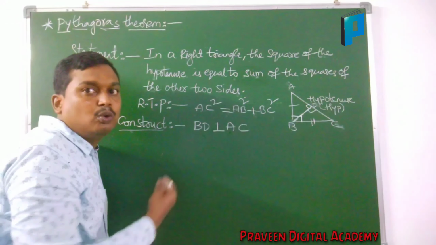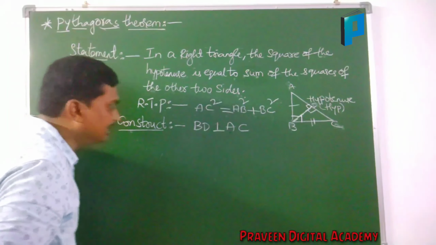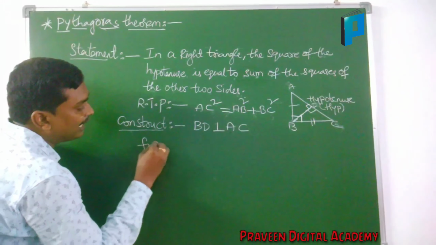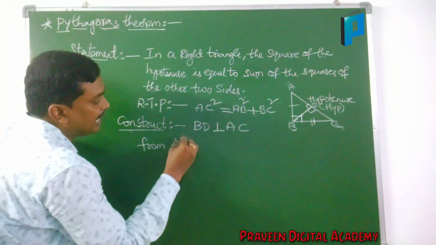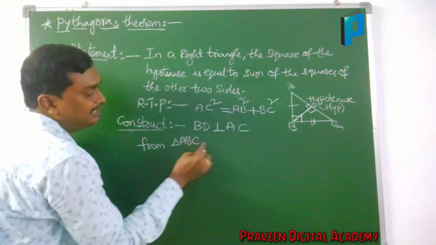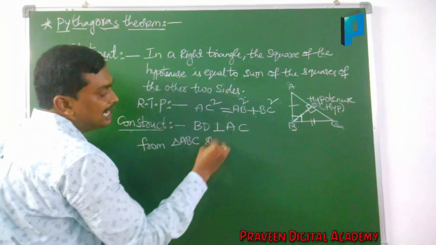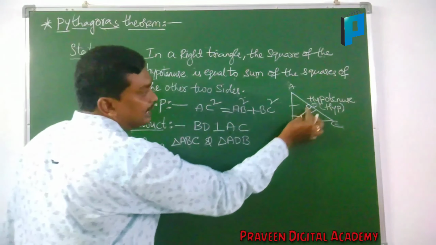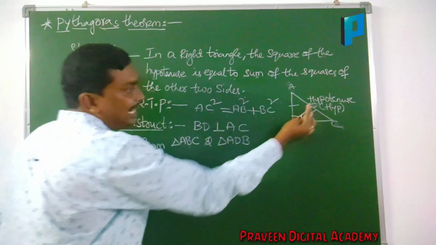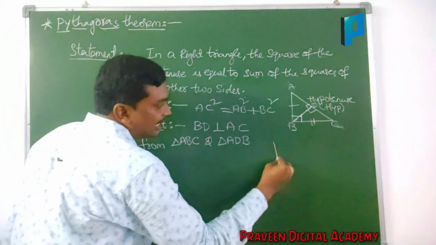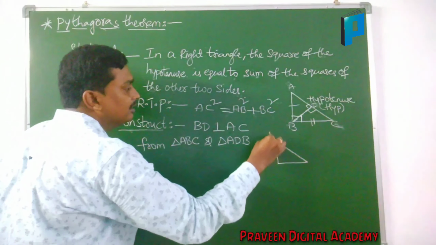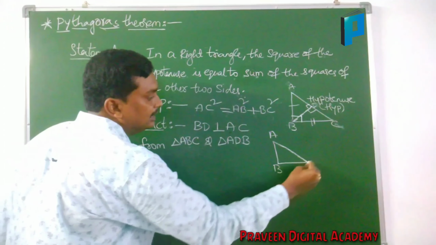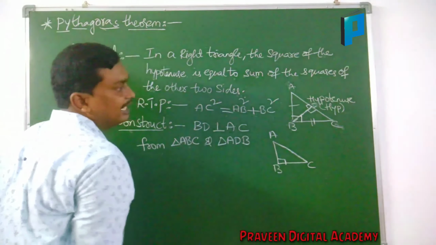Let us take two pairs of triangles. In the first one, triangle ABC has the right angle at B, and triangle ADB has the right angle at D. Now, this is A, B, C, with 90 degrees here.